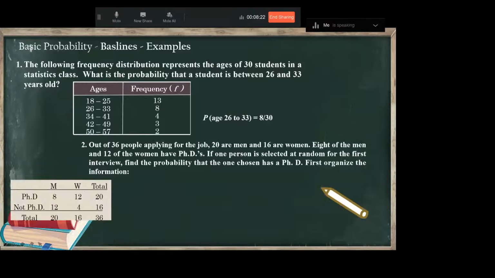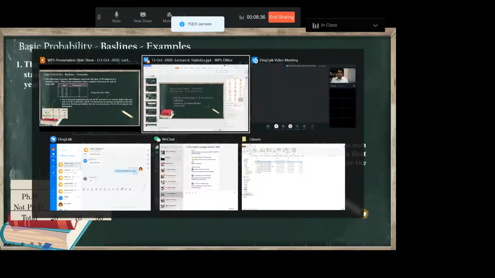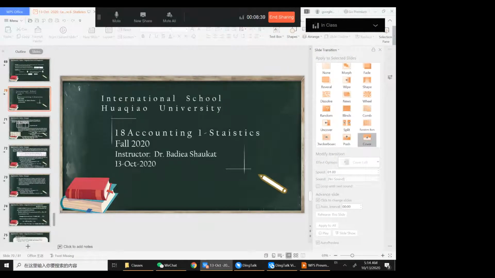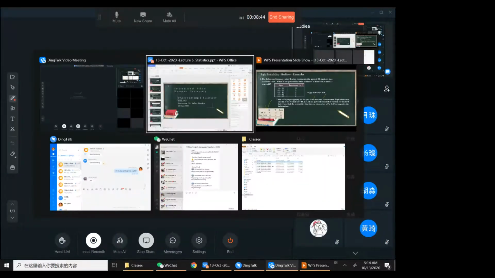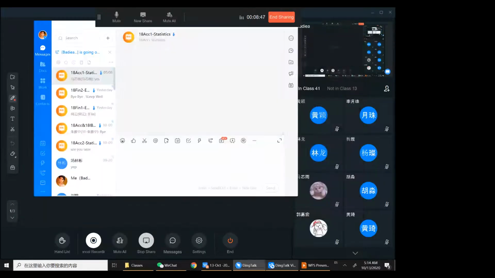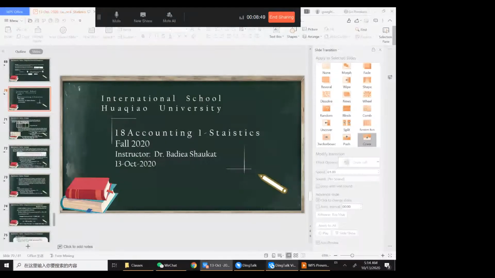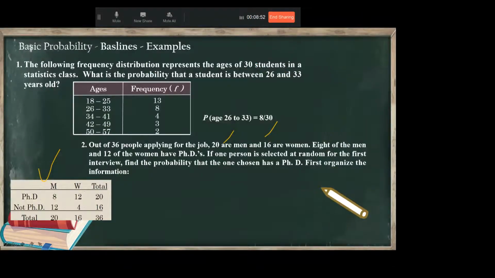Out of 36 people applying for the job, 20 are men and 16 are women. So we draw the contingency table for that. 8 of the men and 12 of the women have a PhD.